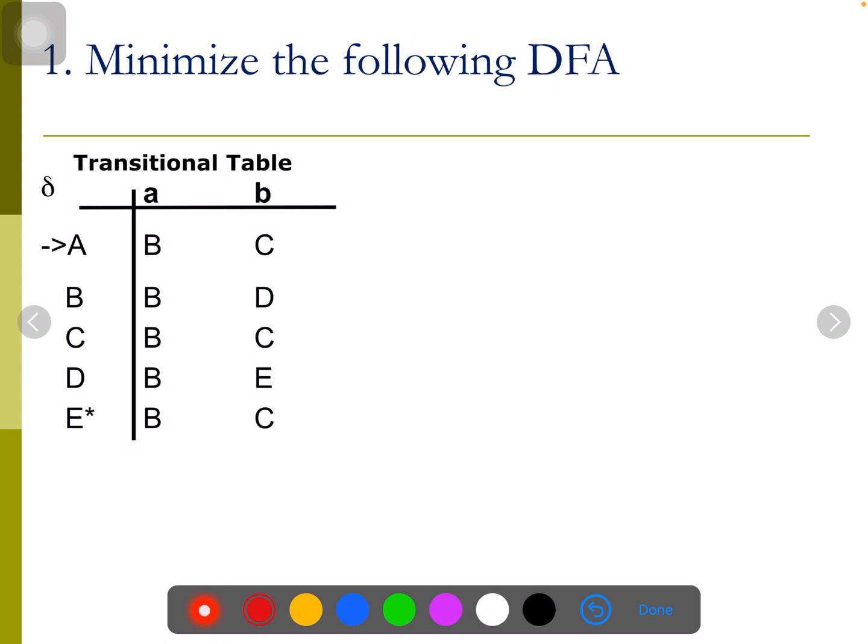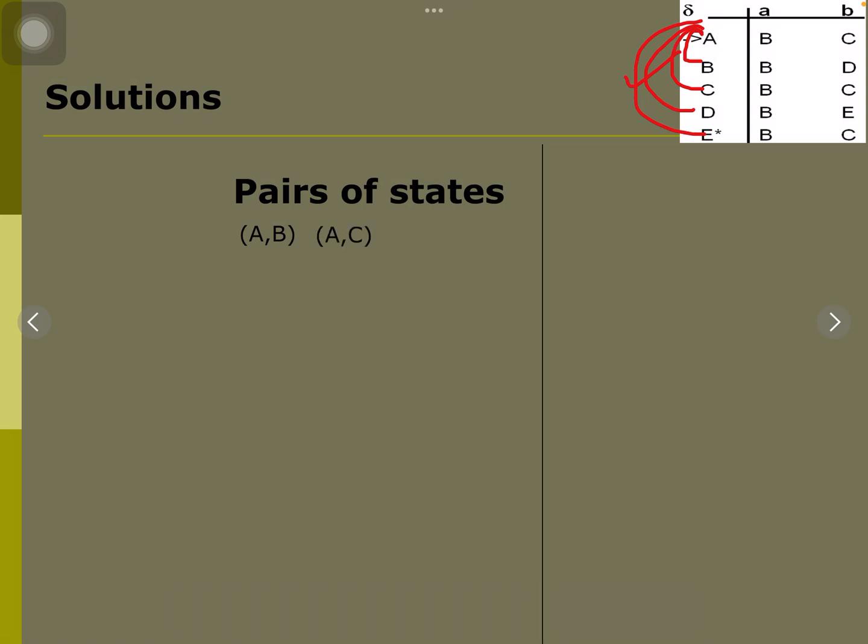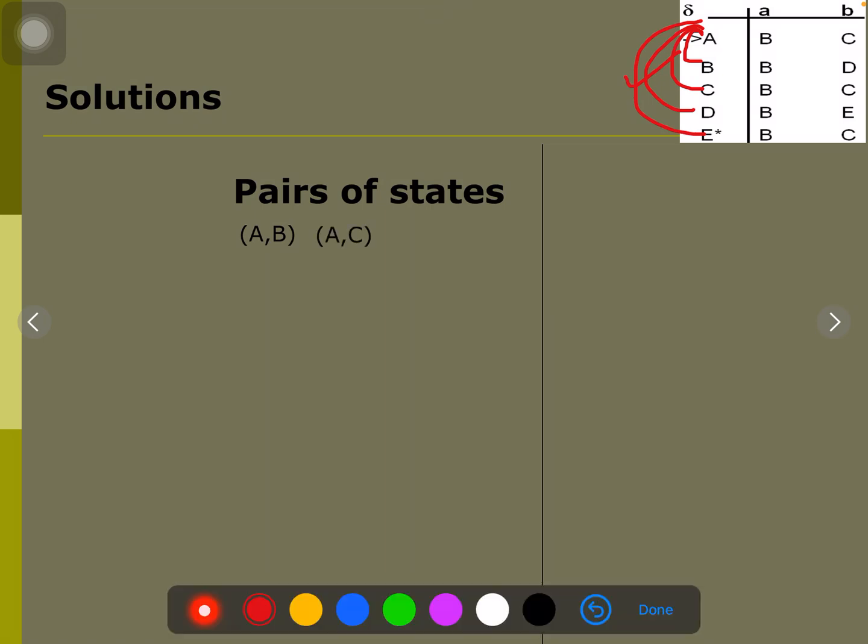Either they may give a transition diagram or a transition table. Here I'll go with the table. Before starting, let me show how to make the pairs of states. I'll start with A: pair it with B, C, D, then E. So AB, AC, AD, AE.